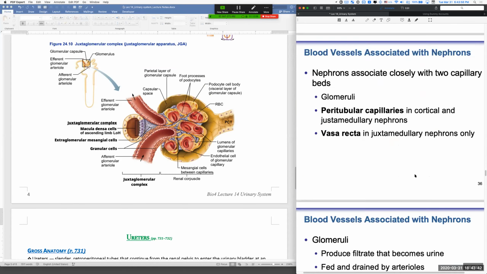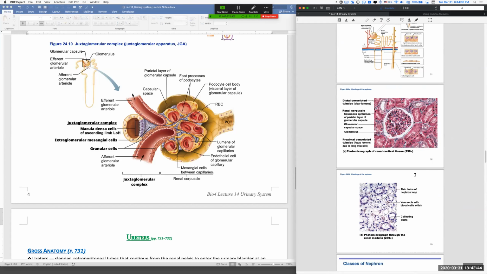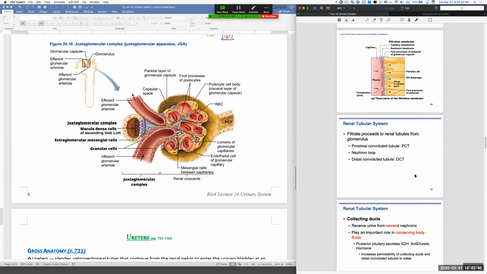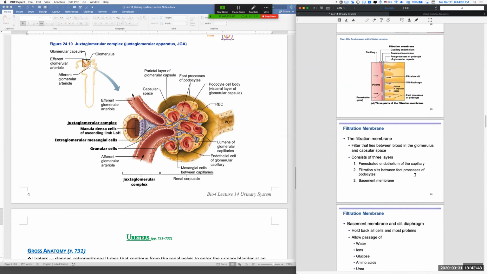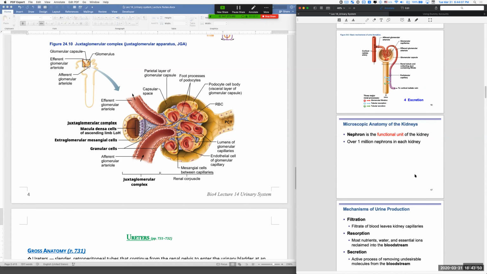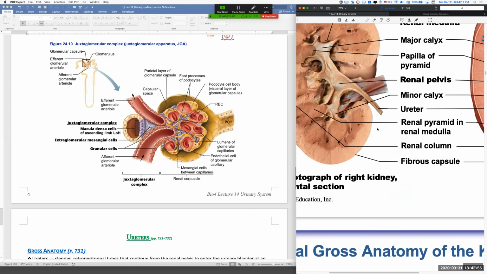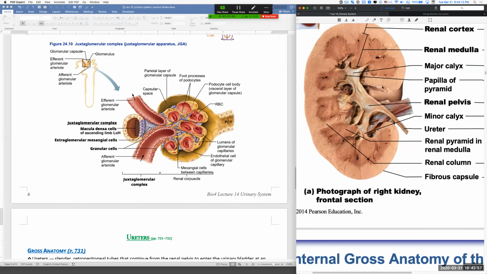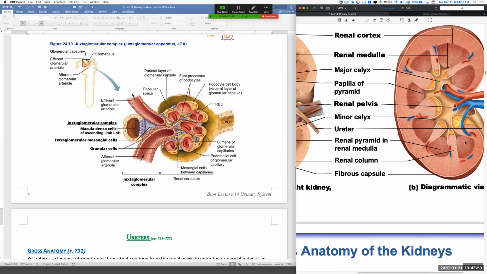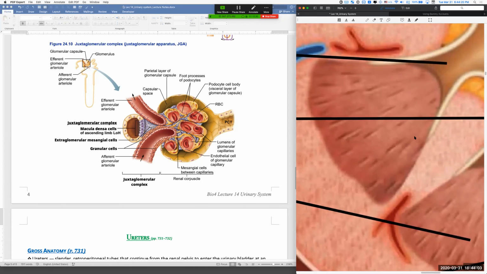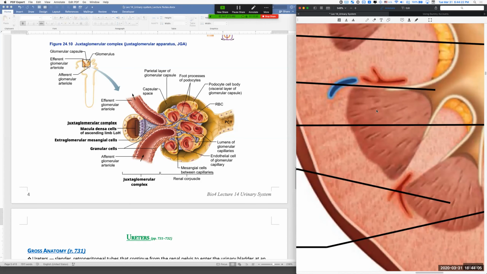And so many collecting ducts will merge and drain into the renal papilla. The renal papilla is the tip of these renal pyramids. You can imagine these lines here we see are collecting ducts. Collecting ducts really span from the cortex into the medulla.